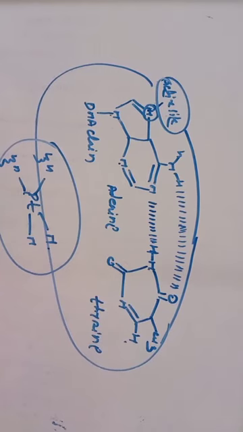While cisplatin forms 1,2 intrastrand adducts. 1,2 intrastrand means what? It will interact with the DNA molecule, that is, with one of the purine and pyrimidine nitrogen bases of the same strand, and therefore it is used as an active anti-cancer drug.